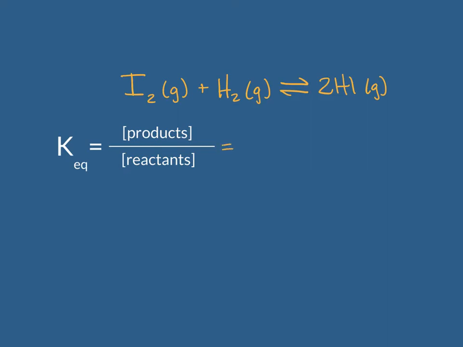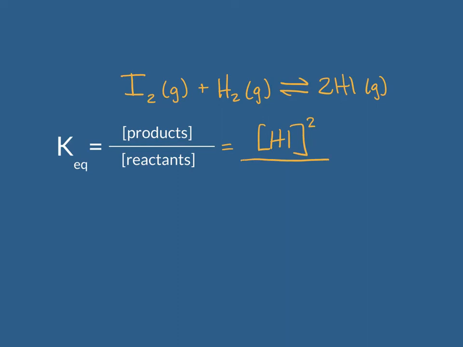So for our products, we're going to have the concentration of HI, but also remember that all of our coefficients become exponents, so that 2 is going to become squared. So our products are going to be the concentration of HI squared. For our reactants on the denominator, we actually have 2 of them, so we're going to multiply them together.